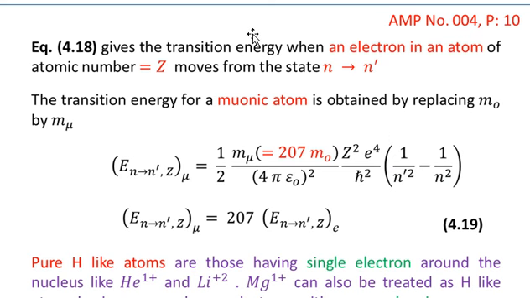So you see that in the previous formula I have used the mass of the muon, m mu, and I am going to set that value equal to 207 times the mass of the electron, shown in red. After making that substitution, I can write equation number 4.19 as: on the left hand side I have the energies corresponding to the muonic atom, and on the right hand side I have the parameter 207 times the energies corresponding to the electronic atom.